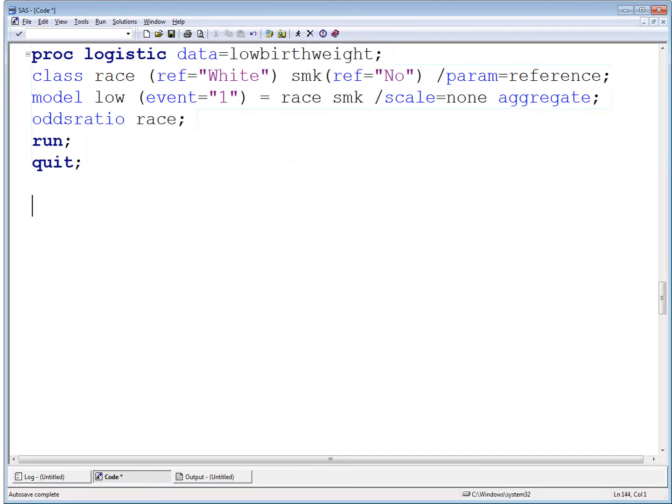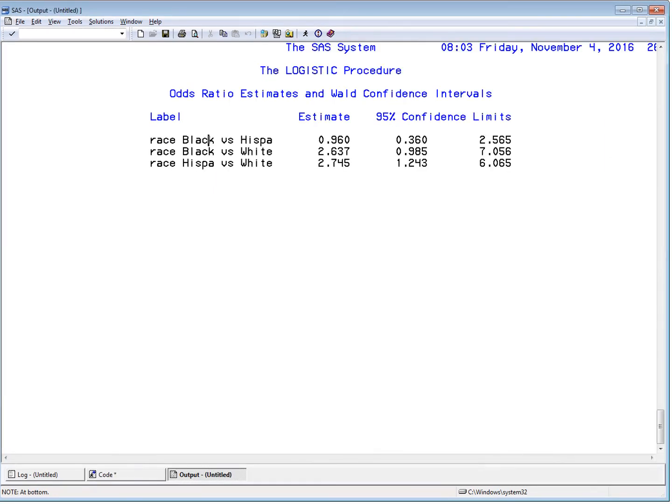So there's our code. Looks the same, right? It's just now I'm adding that odds ratio statement. And then here is the consequent output. So now I have not just black versus white, not just Hispanic versus white, but now, thanks to the odds ratio statement, I have black versus Hispanic.